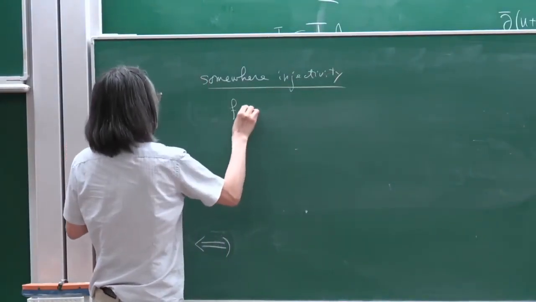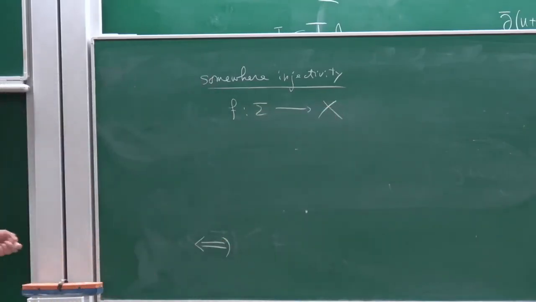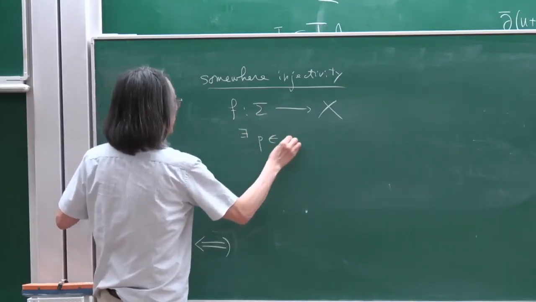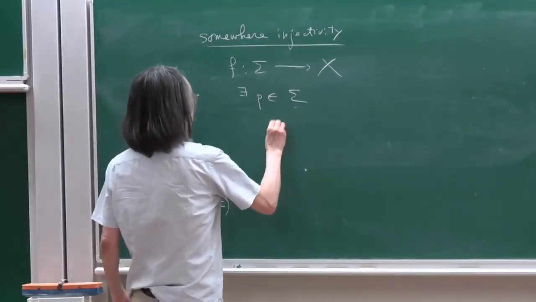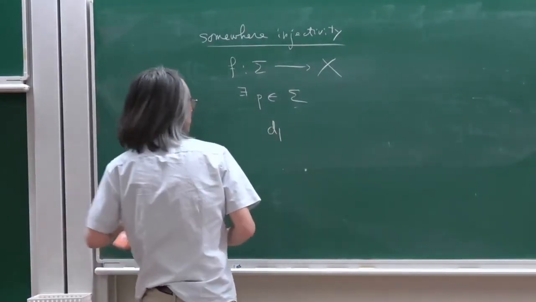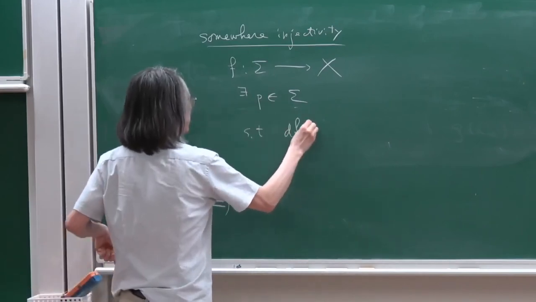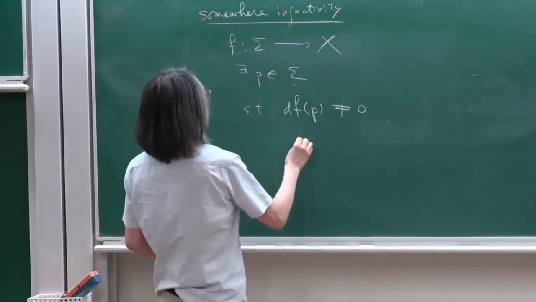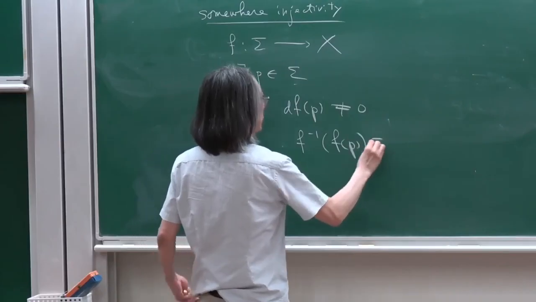You have F from sigma to X. We call such a thing somewhere injective if there is a point P in sigma so that df at P is non-zero, and if you consider F inverse of F(P), this is just one point P.